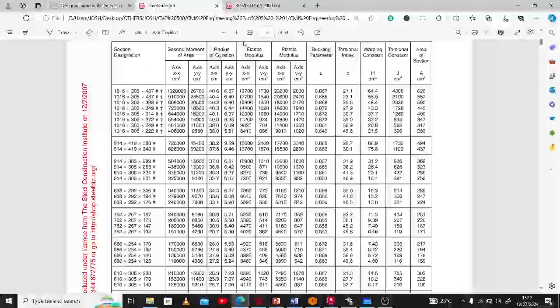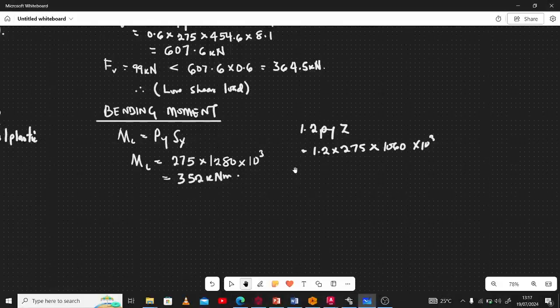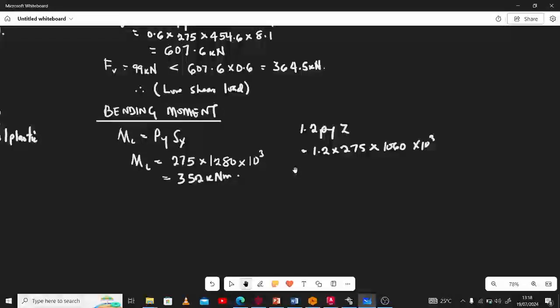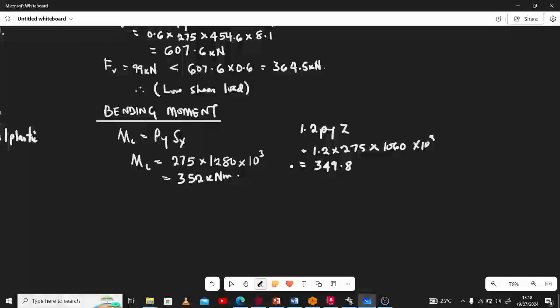So we have 1.2 multiplied by 275 multiplied by 1060 times 10 raised to 3. This is massive. We have 349.8. So we have this greater than this, and that seems to be a problem there.